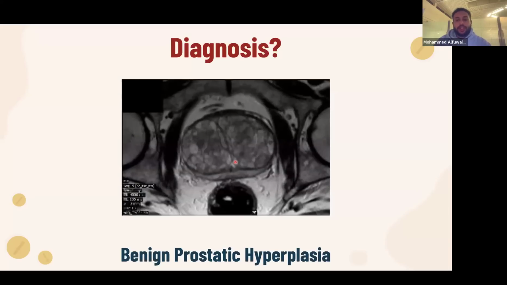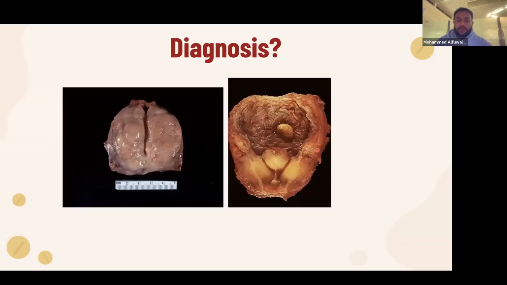No. Good. If it's more than 10, what does this signify? Maybe cancer. Good. If it's less than 10 or less than 4, does it exclude cancer? No. Good. This is BPH.